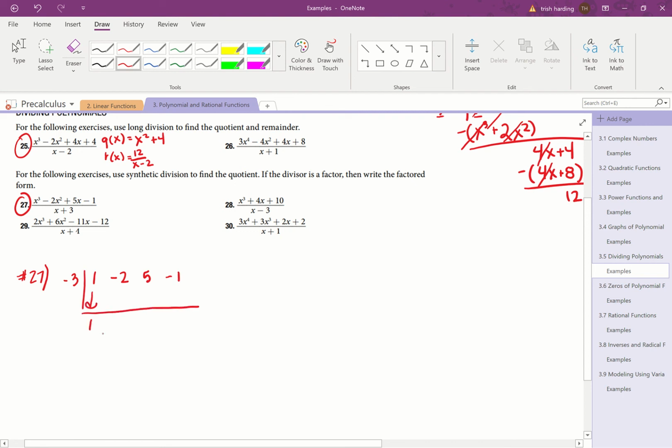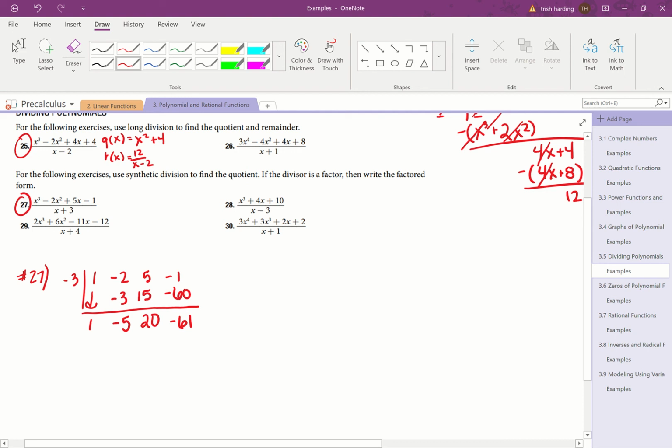Okay, now I'm going to multiply that. So that's negative 3, and that's going to give me negative 5. This gives me 15 when I'm multiplying negative 5 by negative 3. Then I have 20. Negative 60 gives me negative 61.